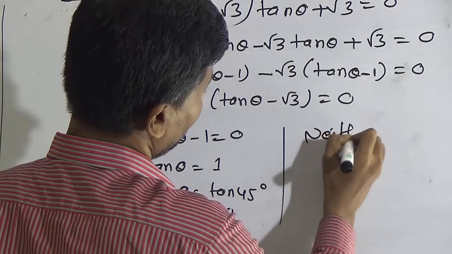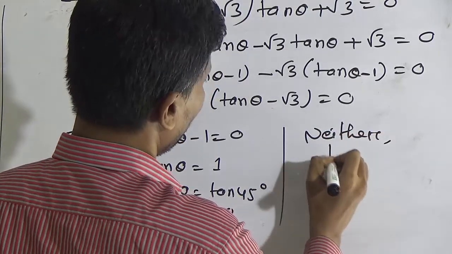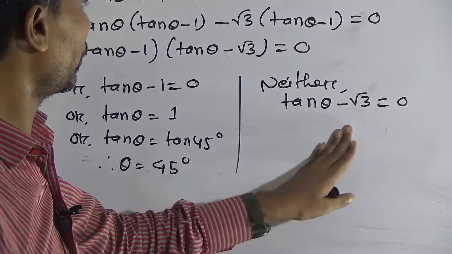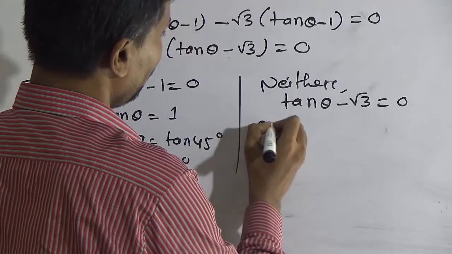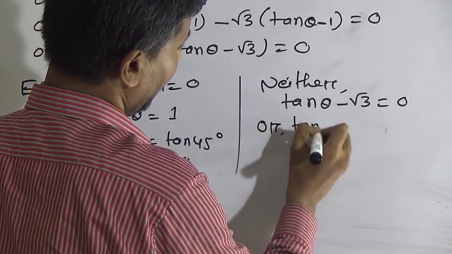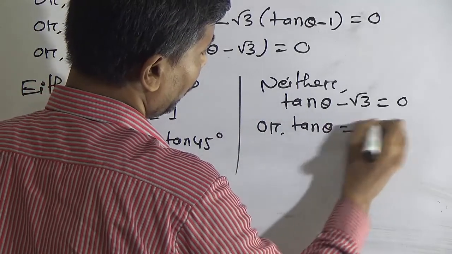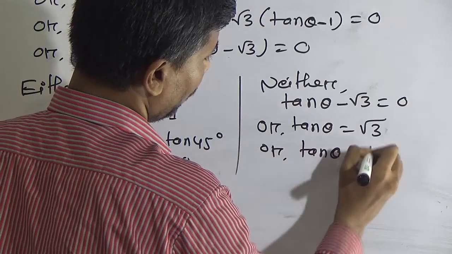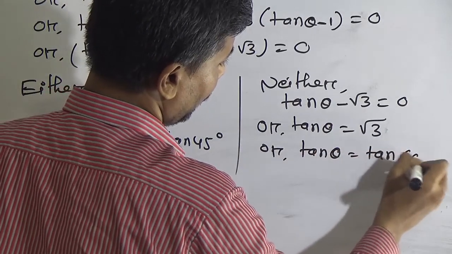Or tan theta minus root 3 is equal to 0, or tan theta equal to root 3, or tan theta equal to tan 60 degree.